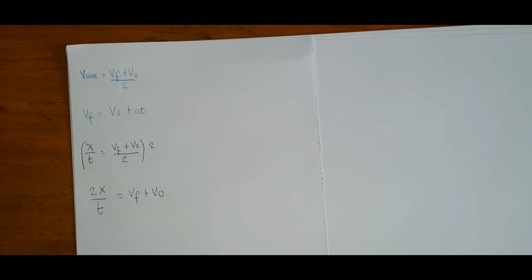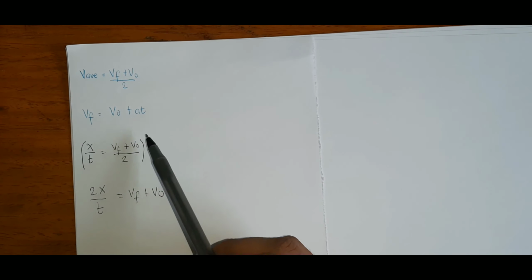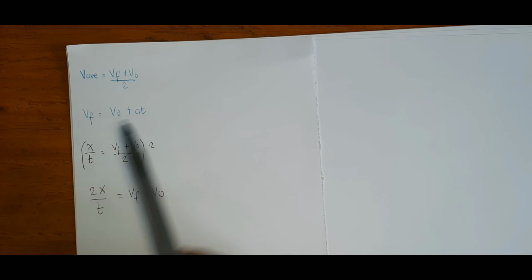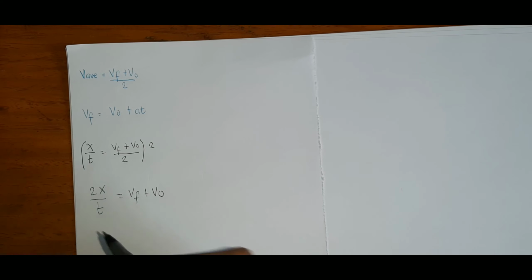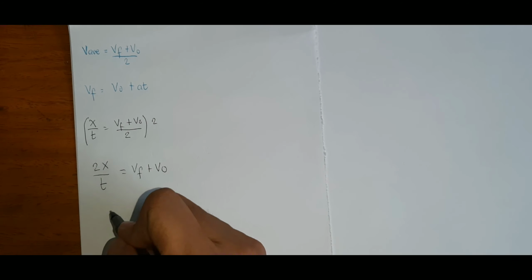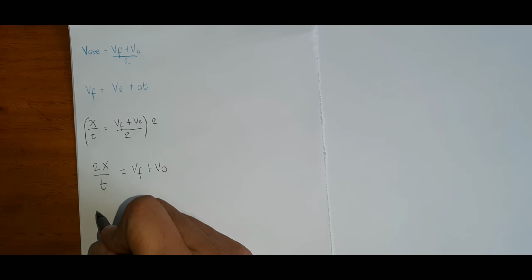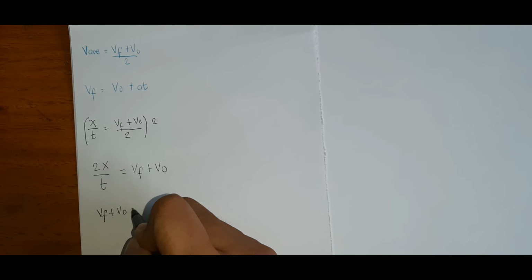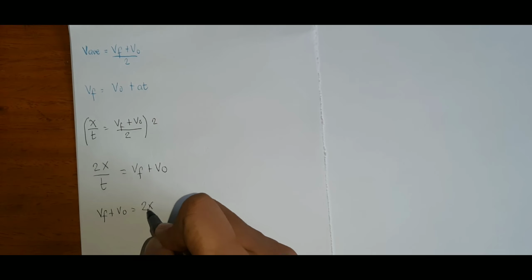Okay, so next we're going to combine this equation with this equation. What we're going to do is multiply them. Let me just rearrange the equation, so that will give us vf plus vo is equal to 2x over t.